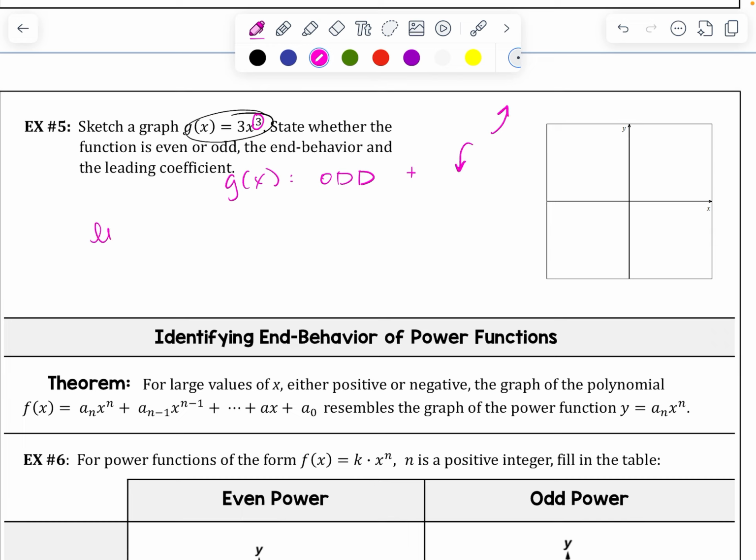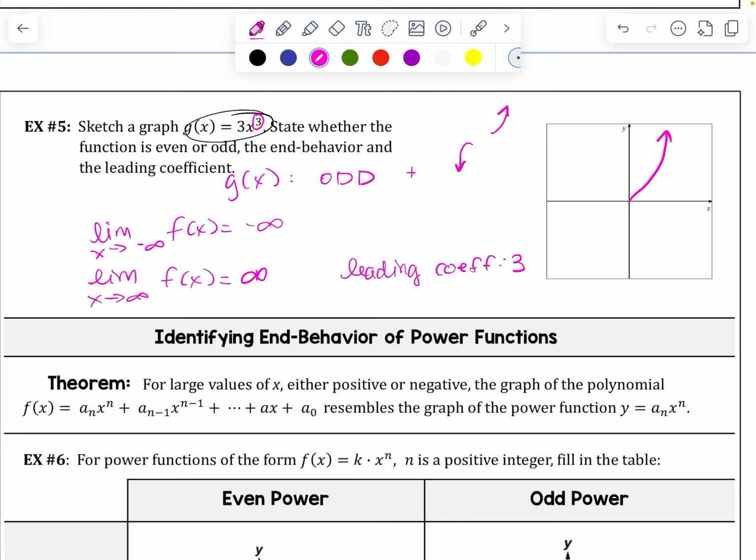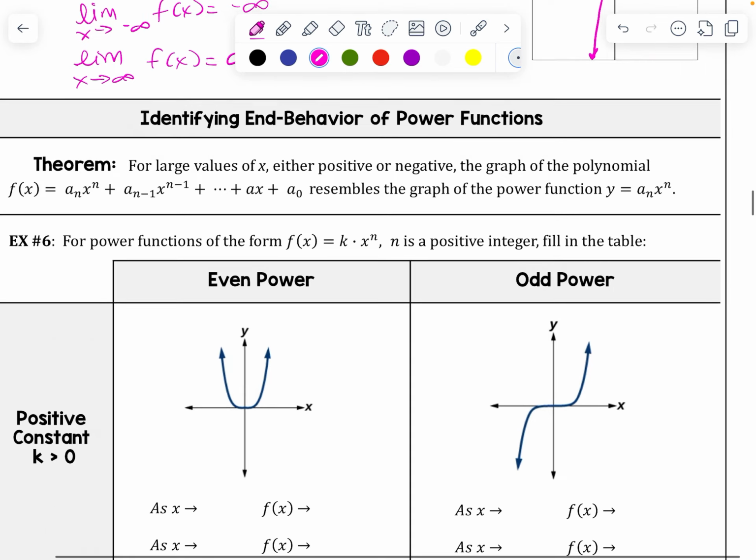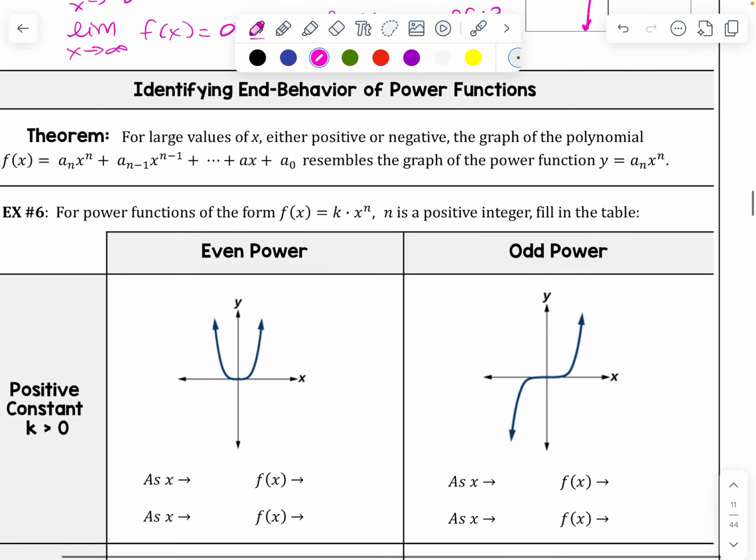So we know the limit as x approaches negative infinity, f of x is going to approach also negative infinity, and the limit as x approaches infinity, f of x is going to go up to positive infinity. We also know that the leading coefficient is 3. So if I'm looking at that, it's going to look something like this, where when it bends, it'll be at y equals 3.